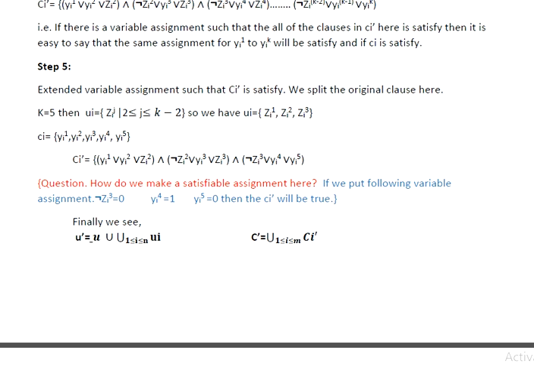Question is, how do we make a satisfiable assignment here? Let's assume the variable assignment will be zi3 equals 0 and yi4 equals 1 and yi5 equals 0. Then we will see that it is a truth assignment and it will satisfy the first clause, and when zi3, I am assuming, equals 0, then the second clause will also be satisfied, and then finally we will have the last clause satisfied.